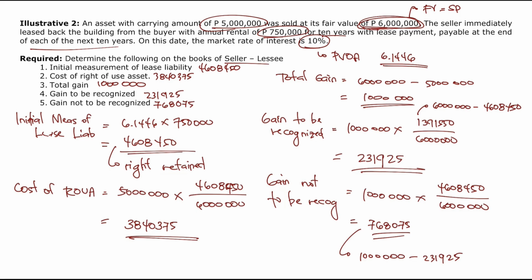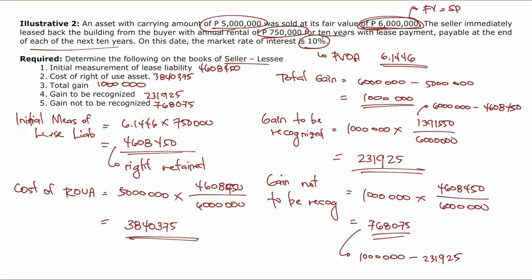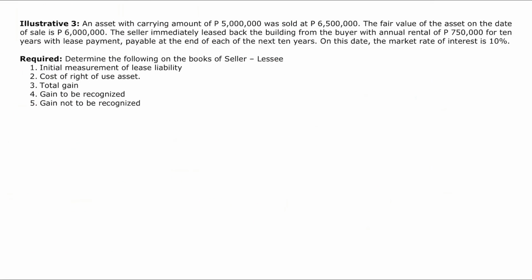Nagkakaintindihan ba tayo? So, that is illustrative problem number 2. Next, punta tayo sa illustrative problem number 3. So, here, an asset with carrying amount of 5 million pesos was sold for 6.5 million. The fair value of the asset on that date is equal to 6 million pesos. So, ano meron dito? Ang meron dito is that the selling price is actually higher than the fair value.